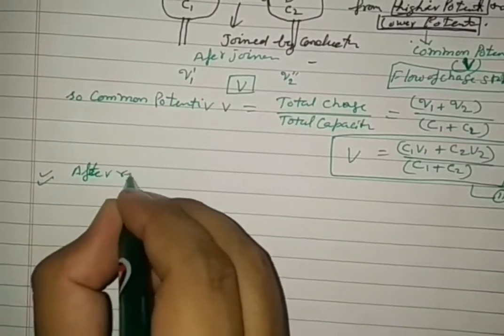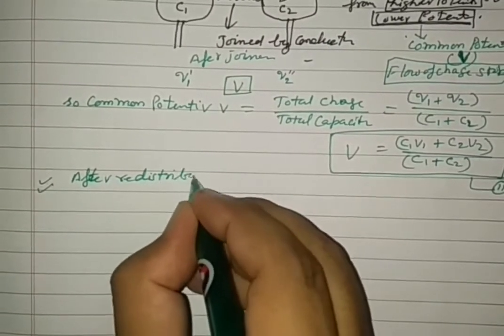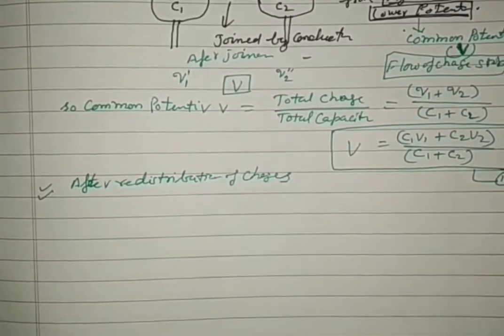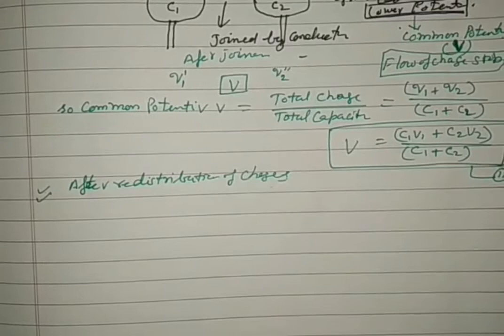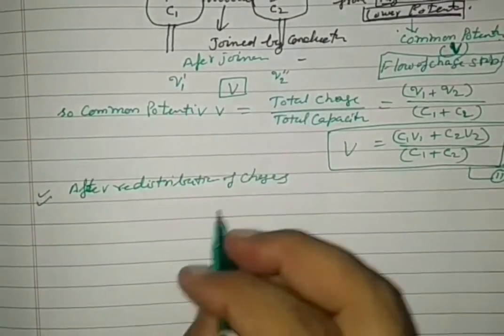After redistribution of charges, what are the charges? They become Q1 dash and Q2 double dash.